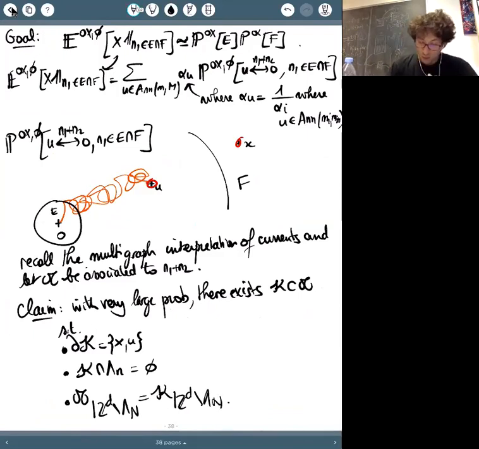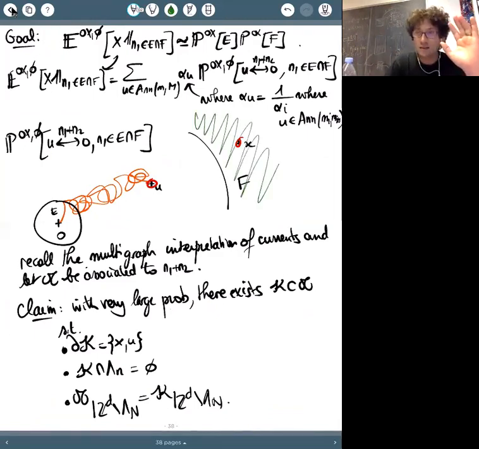So I would like to find a subgraph that has exactly sources x and u, and somehow that is coinciding with M outside and doesn't intersect at all inside.